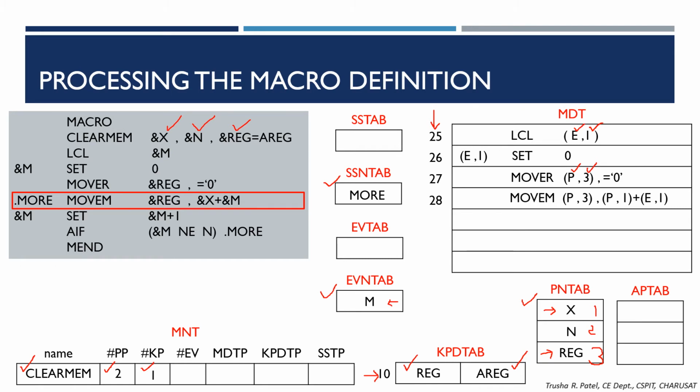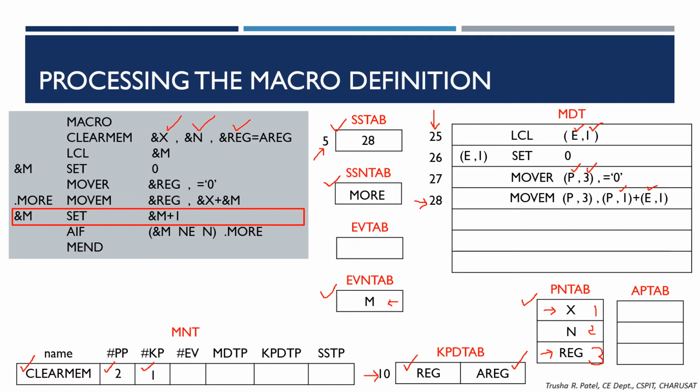So P of 1 plus E of 1, right? Now this MORE is available at index number 28, so that's why this 28 is entered in the SSTAB. And here this 5 is again some memory location where this SSTAB is actually located inside the memory.